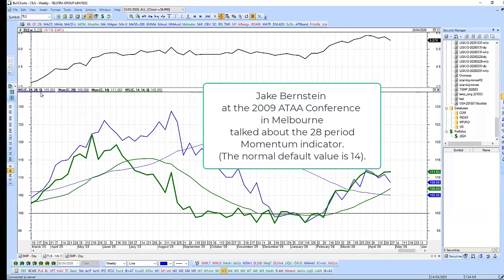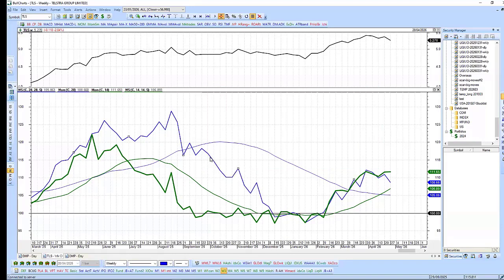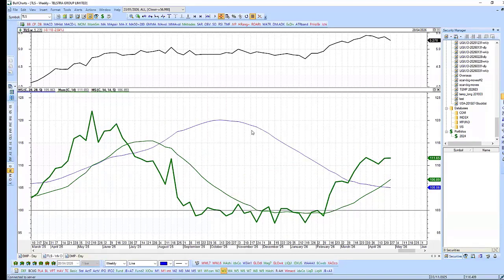Or maybe it was what's that guy's name who was at the ATA conference about 15 years ago, who said that he uses 28. Anyway, I've been using 28 for years, and I wasn't sure that it was the best, so I also use 14 period. The 14 period, that's the green one. Let me delete the 28 period one and its moving average to simplify things.